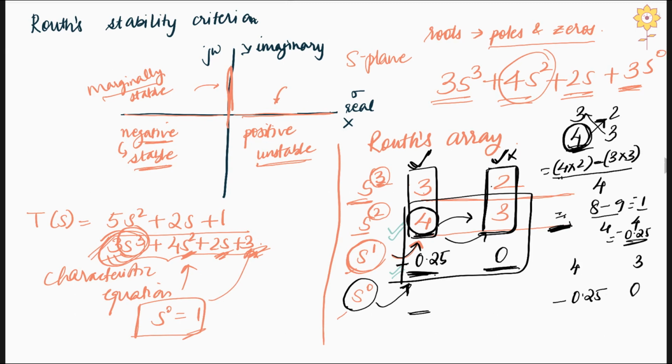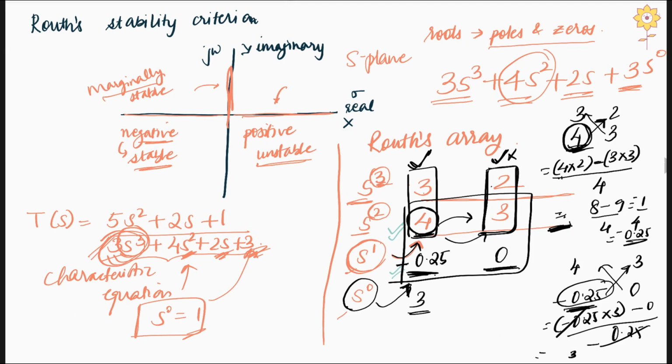Now, again we will be cross multiplying, always starting with the number which is just preceding. We get minus 0.25 into 3 minus 4 into 0, which is nothing but 0, correct, divided by always this number, minus 0.25. So, if you solve this, this will get cancelled and you will get 3 as the answer. So, you can write 3 over here.